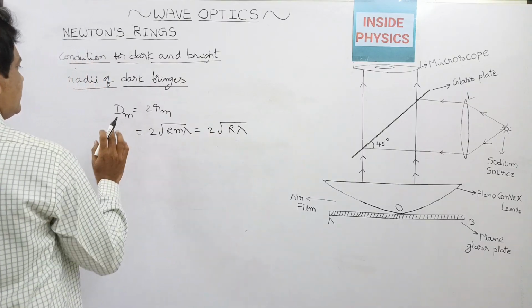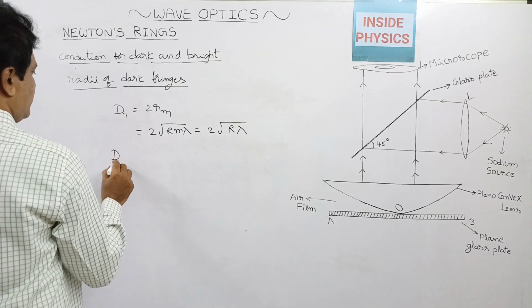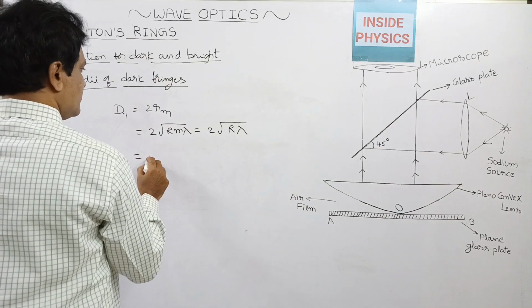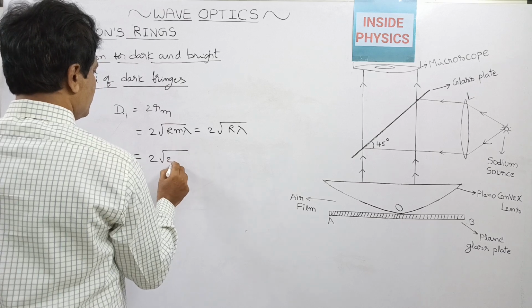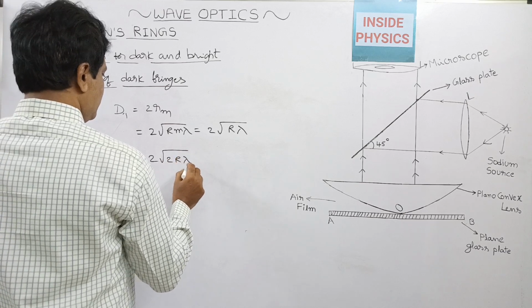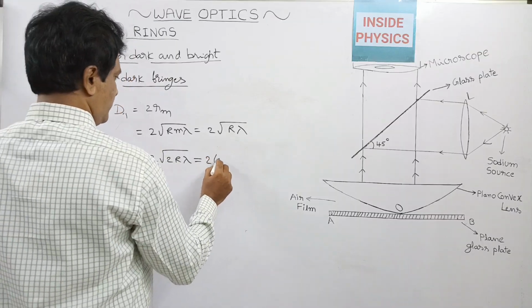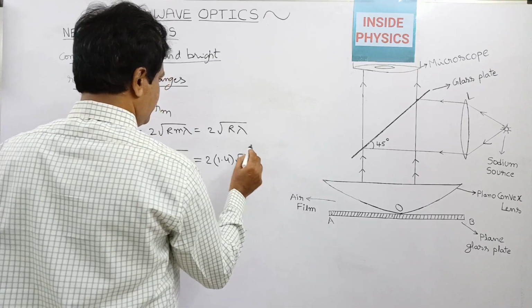The second order dark fringe diameter will become 2 into root of 2 R lambda, where m becomes 2. What is root 2 value? 1.4 nearly. So it becomes 1.4 root R lambda.